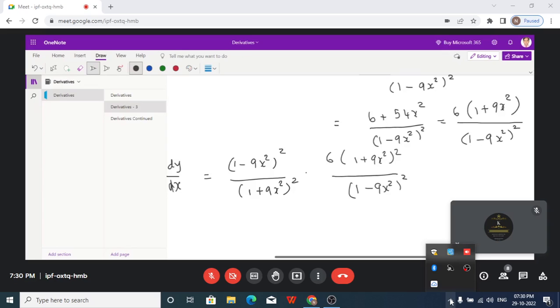So you see that a lot of terms get cancelled out. Sir, 6 into 1 plus 9x square only, no, sir? The whole square is not there, right? Yes. Here these two will get cancelled out completely. In this, only the 1 will cancel, so the square will go. This will remain. So what will remain is 6 by 1 plus 9x square. So that's the answer. All right.